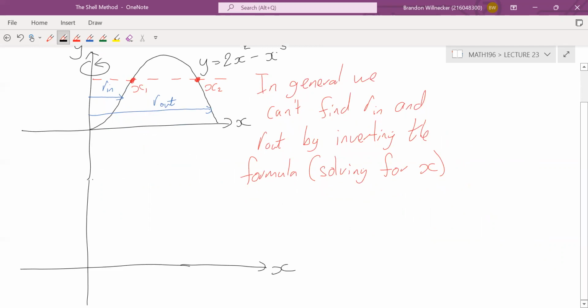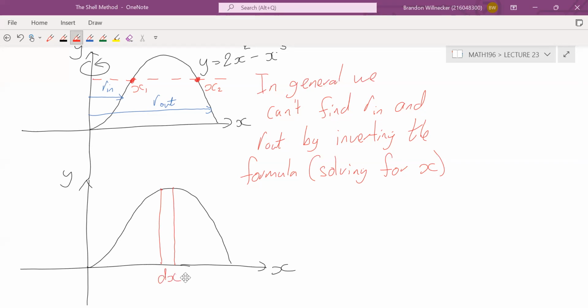So again, we have X and Y. We've got our curve. Again, difficult to solve for X1 and X2, but now we're going to do something a bit different. We're going to make vertical slices like this with our thickness dx, as we've had before.